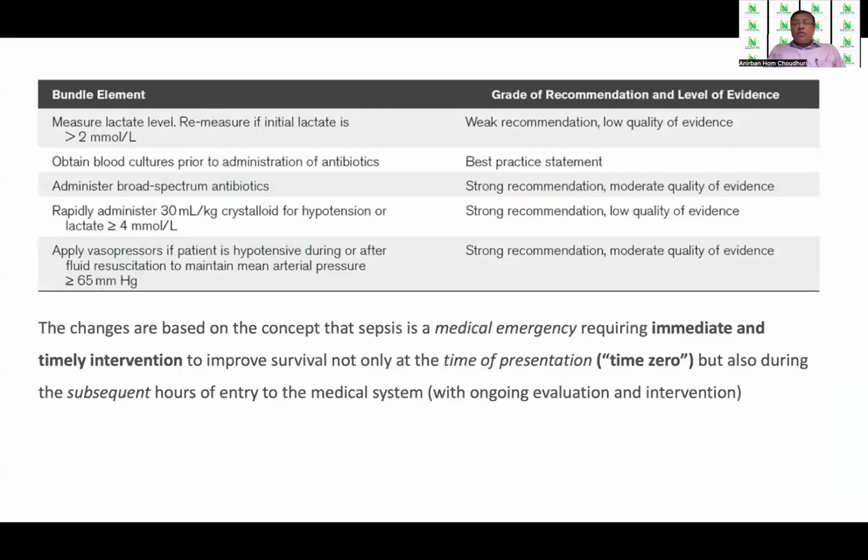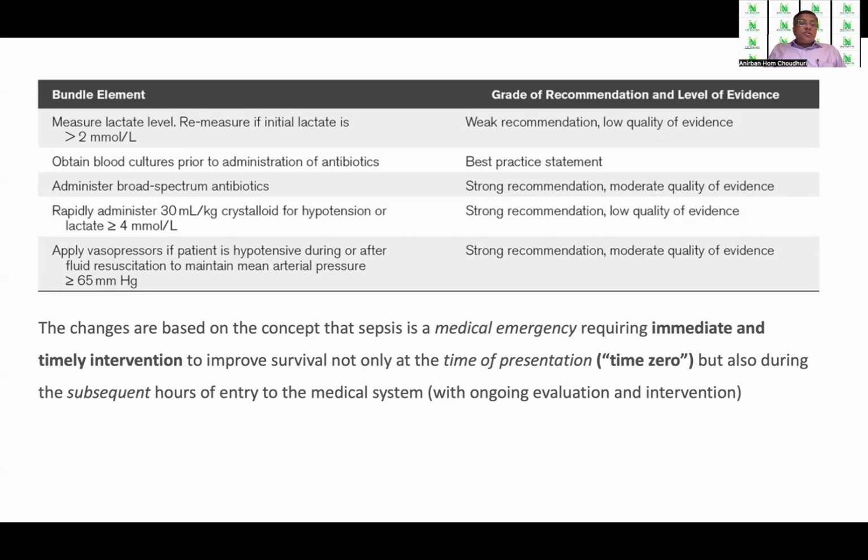If we look into the grade of recommendation and the level of evidence that exists today for each of these components, for the measurement of lactate, we find that the grade of recommendation is weak because the quality of evidence is low. For obtaining blood cultures prior to antibiotics, the grade of recommendation is a best practice statement.